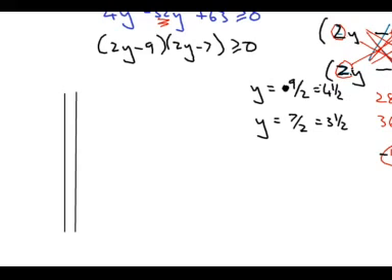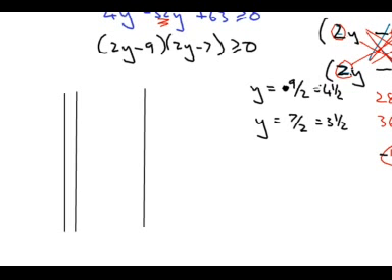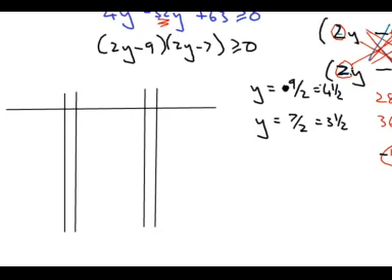Right, so then we draw the table. Okay, and we'll have the smallest one, 3.5 there, 4.5 there. You remember all these tricks?